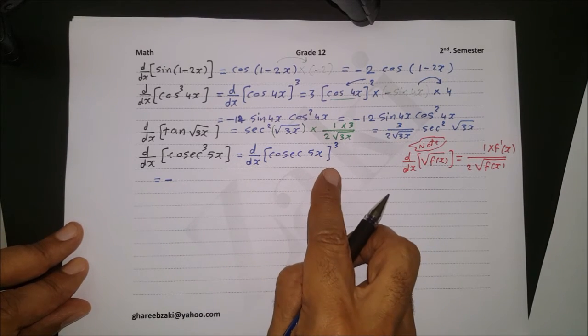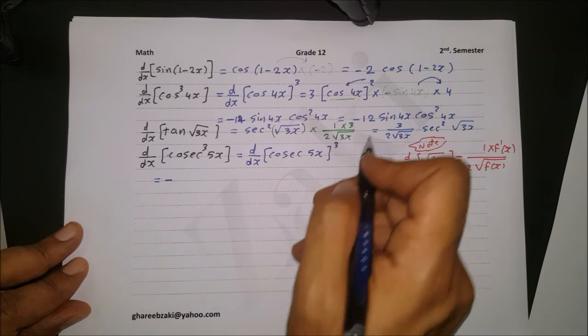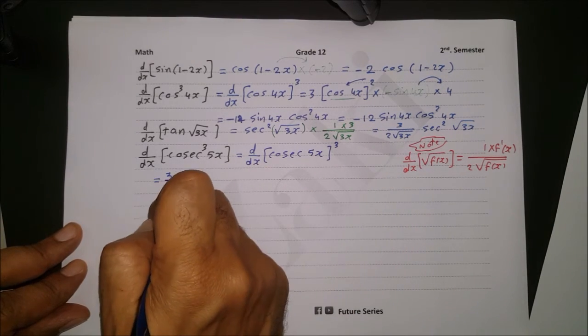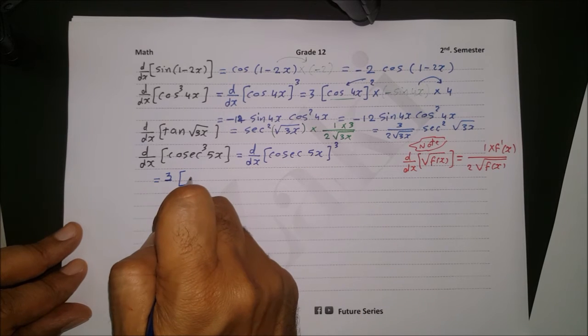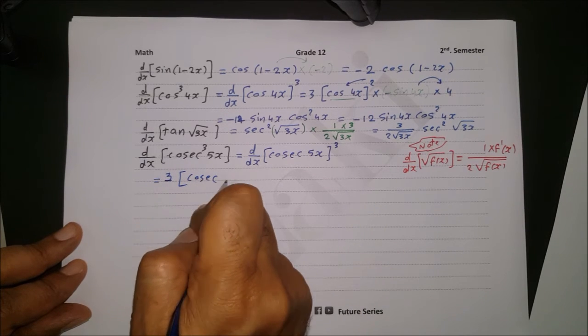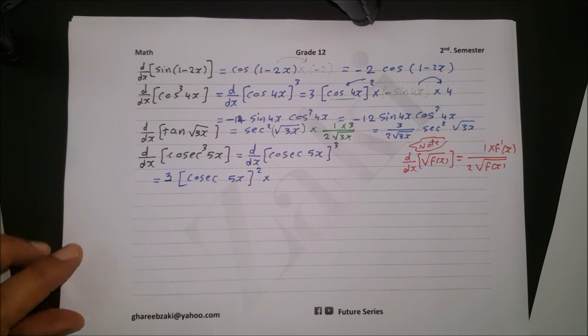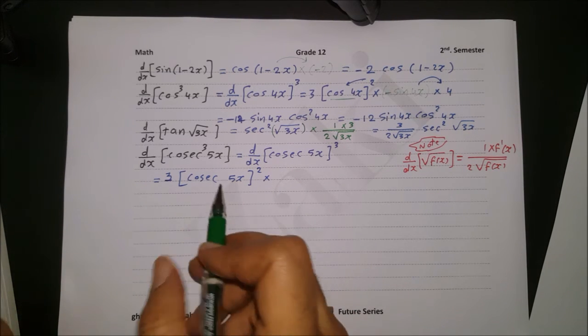Now, the derivative of cosec to the power 3, the power comes down. So 3 comes down. And then we minus 1 from the power. So it is cosec 5x to the power 2. Multiply by the derivative of inside.